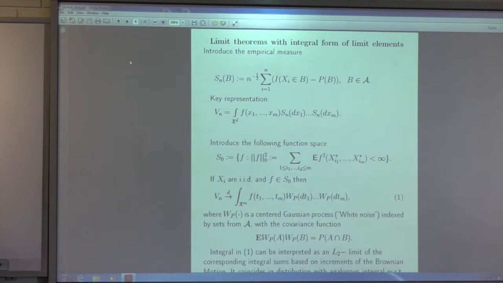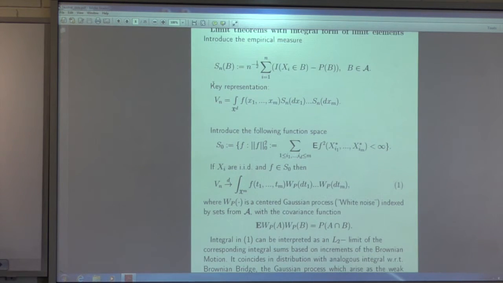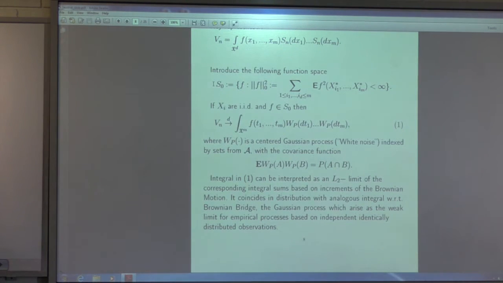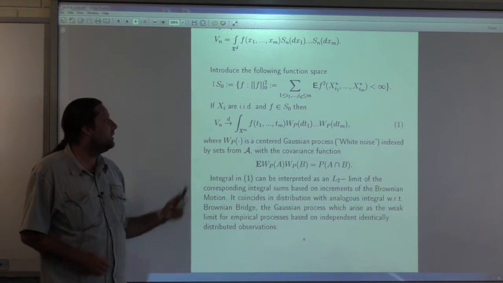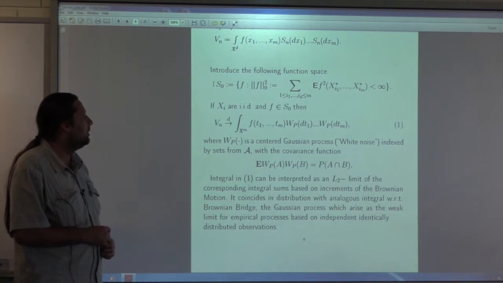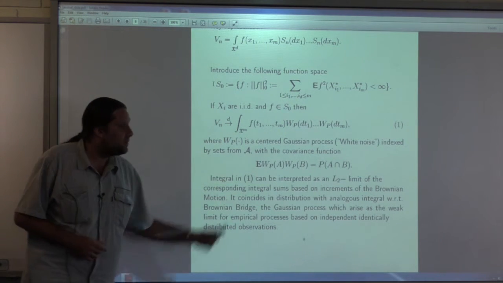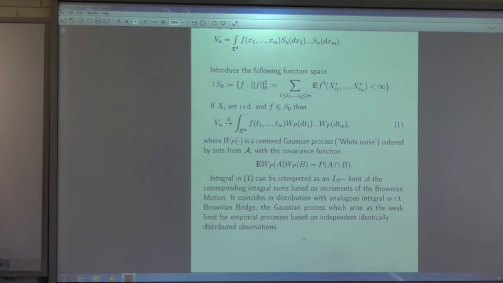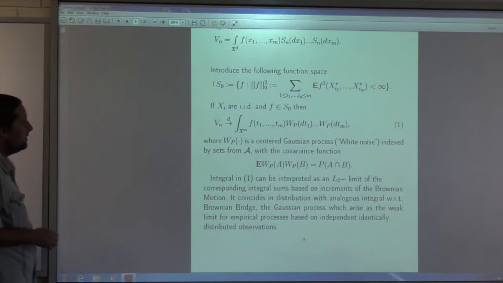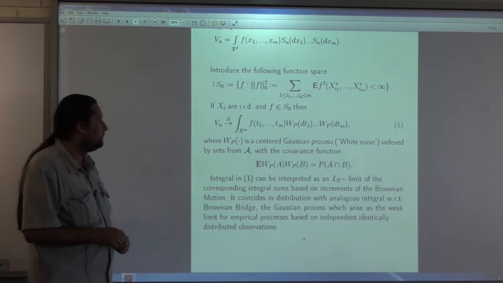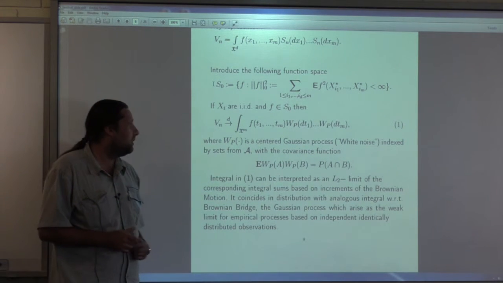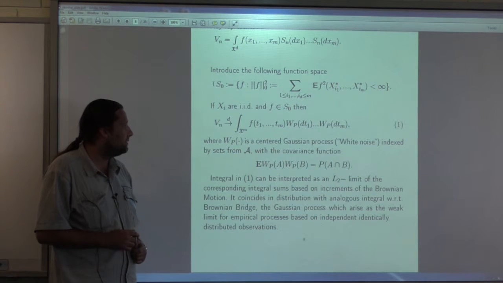And it was proved in 1983 by Rubin and Vitale, by Dynkin and Mandelbaum, that for independent and unequally distributed observations and from an appropriate kernel space, in fact, the kernel has to be just square integrable on all diagonal subspaces of X power m, indeed these limit theorems hold.